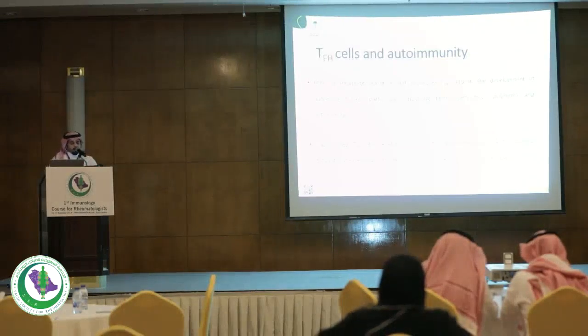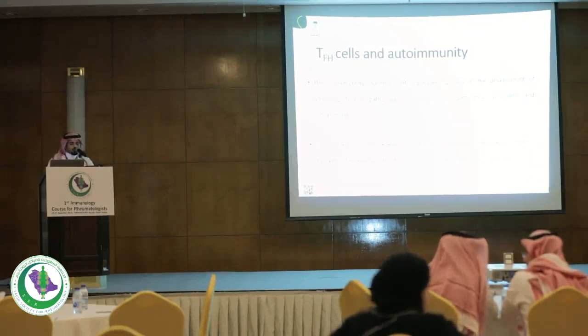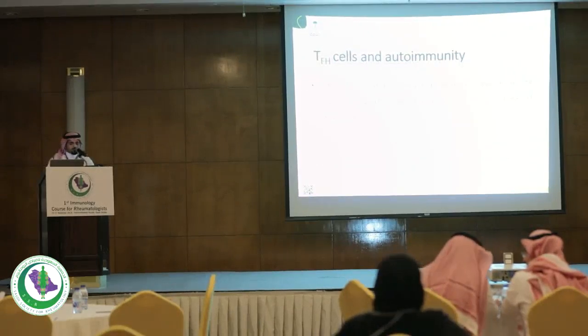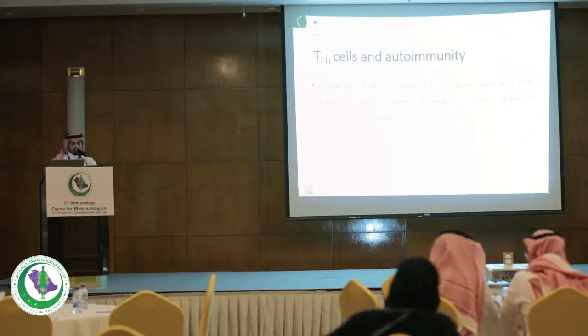Uncontrolled T follicular helper cell development activates autoreactive B cells to produce autoantibodies, leading to several autoimmune diseases. Recently, a significant increase of TFH has been reported in patients with various autoimmune diseases, including SLE, rheumatoid arthritis, Sjogren, and other autoimmune disorders.